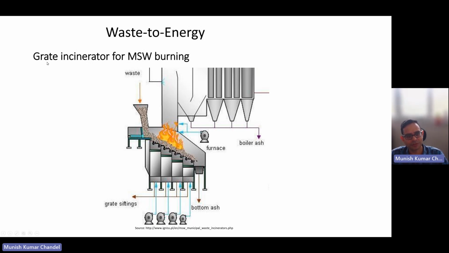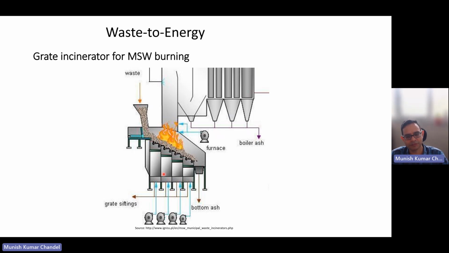So how is it done? For example, this one is showing what we call a grate incinerator. This is what the grate is. It's basically a system in which you put your waste from a hopper, and these grates allow this waste to move.